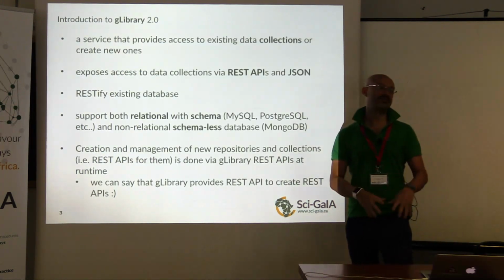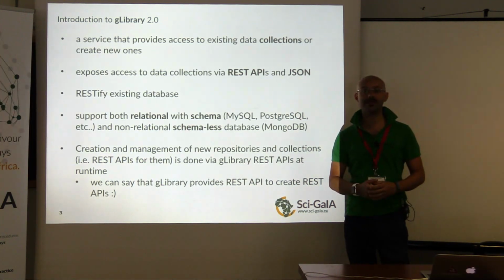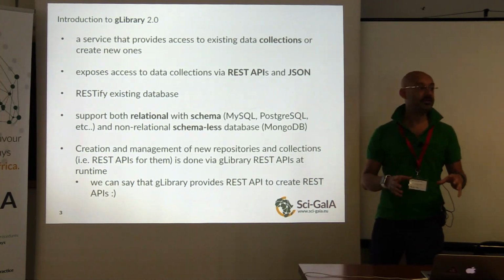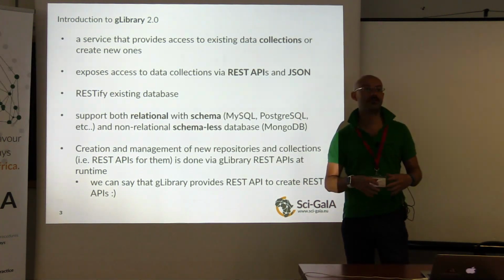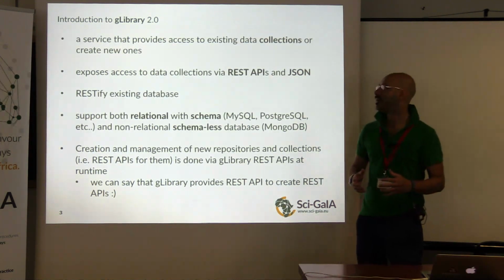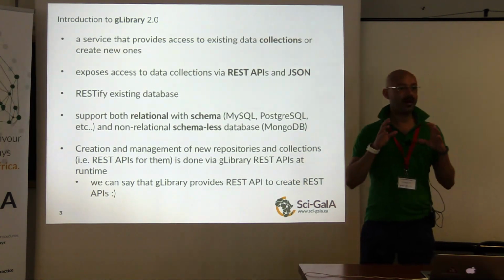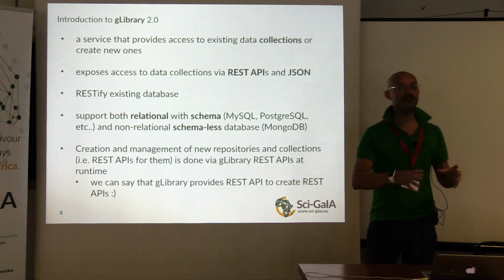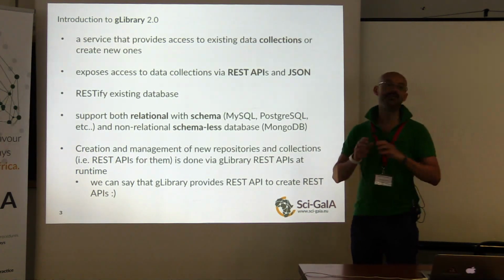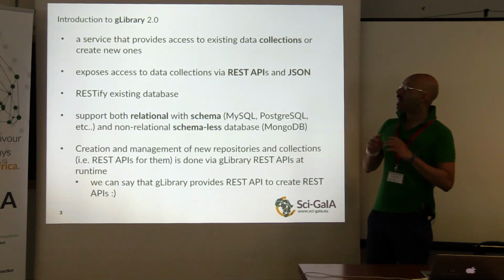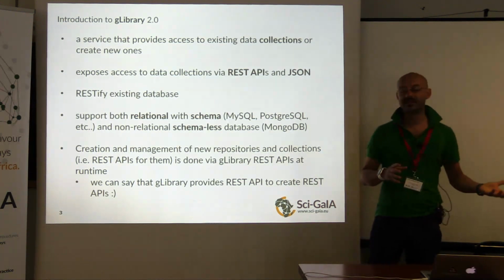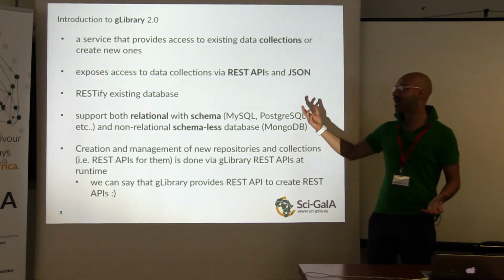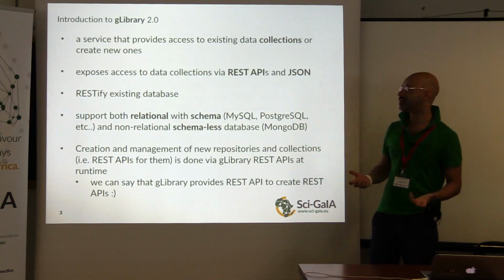So what is GLibrary? Probably during the last day, you have seen that we have a common partner that we are using for developing our systems, REST API. So GLibrary is a platform to build REST APIs over datasets. Datasets that can be already existing, so an already existing data collection, or it's able to create a new data collection.